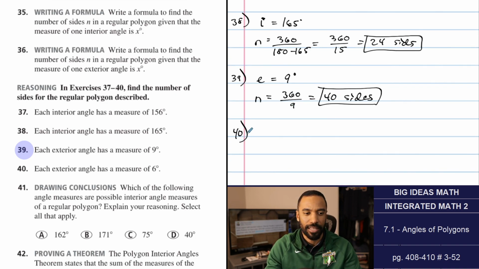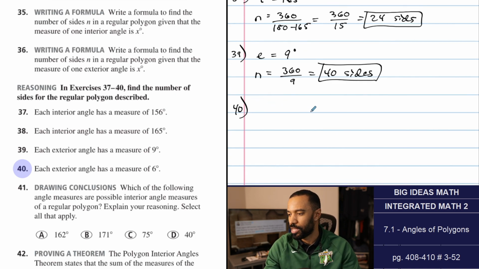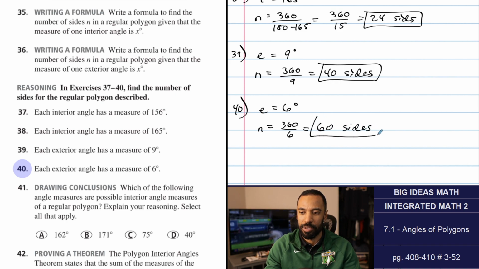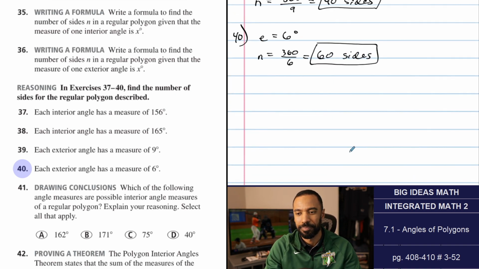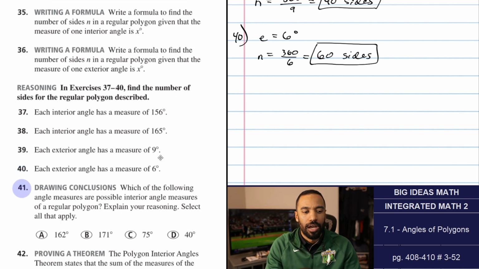And number 40, I like that the problems are fast. Each exterior angle measure is 6 degrees. So E equals 6 degrees. And then n is 360 over 6, which is 60 sides. One of those almost might as well be a circle things, kind of like the 90-sided one. That was quite a bit.